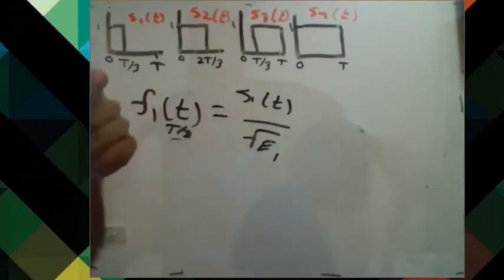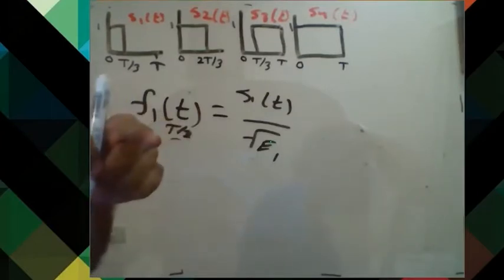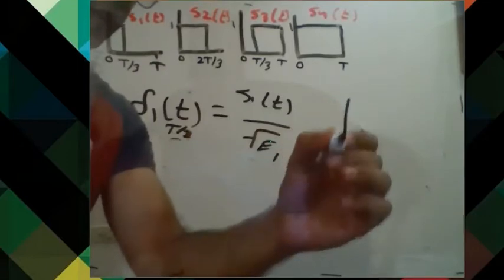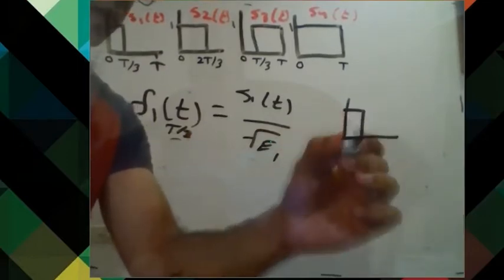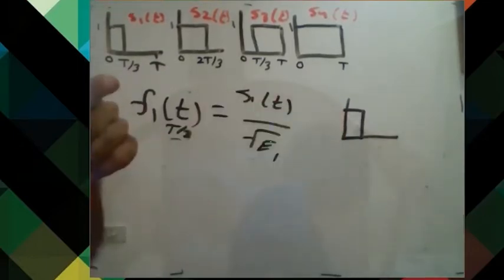This is S1. If I divide this signal by the square root of T/3, I get another signal that looks just like this, only the magnitude will be different.